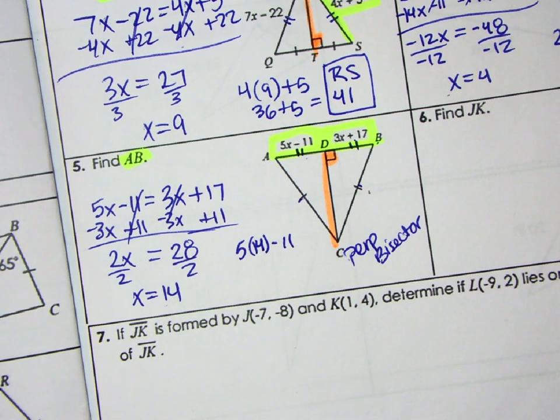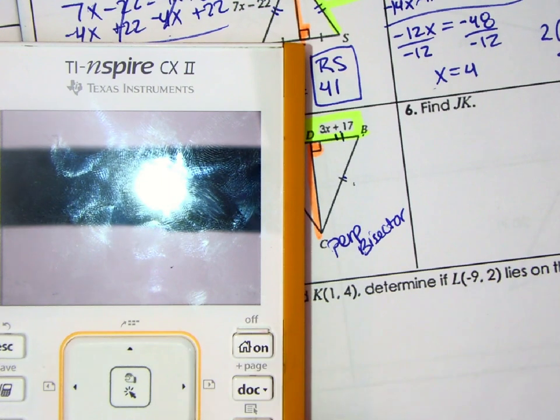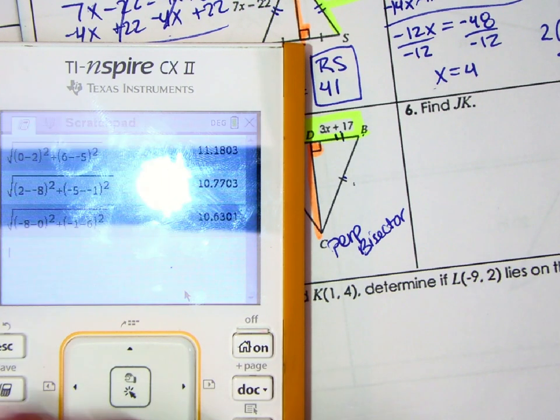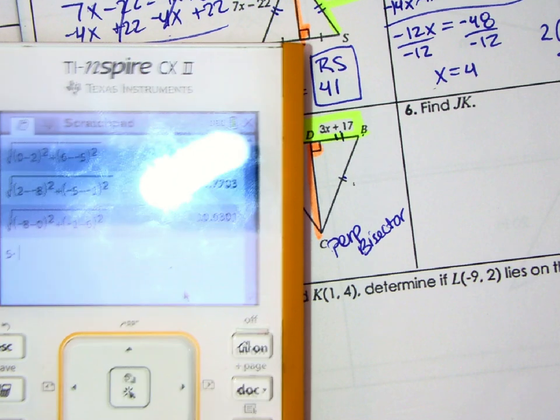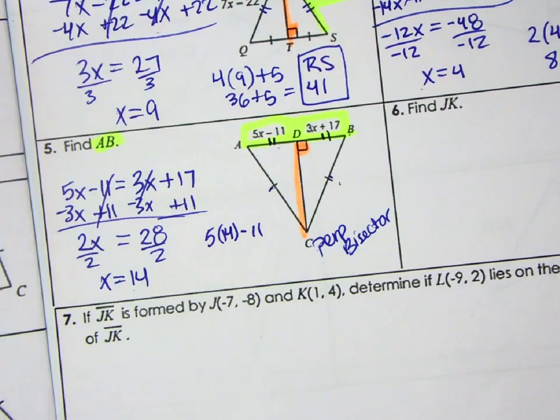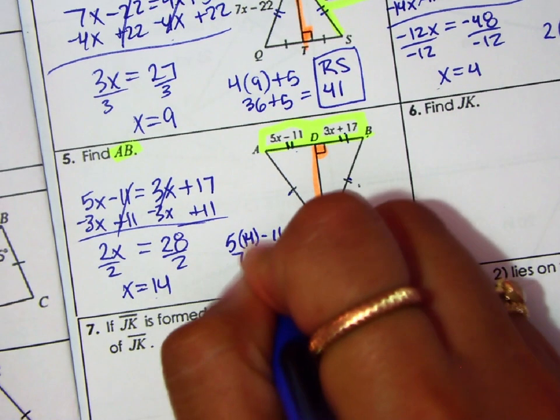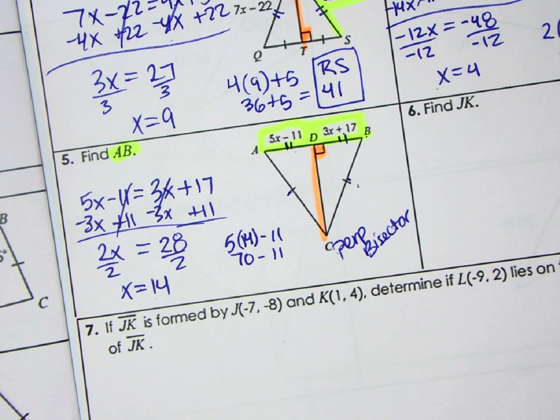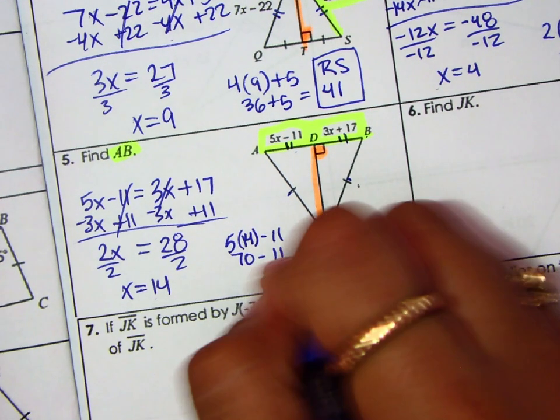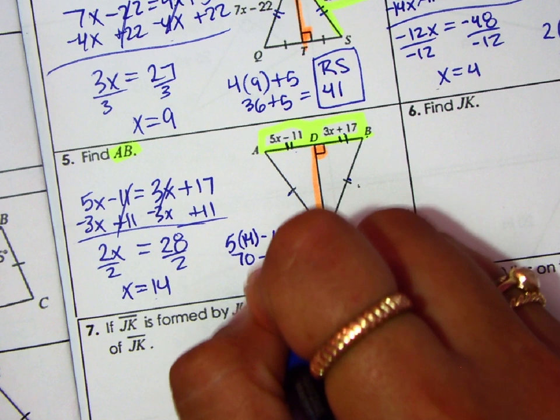5 times 14, I need that calculation, sorry. So 5 times 14, that is 70. So 70 minus 11, that results in 59. Yep, 59.